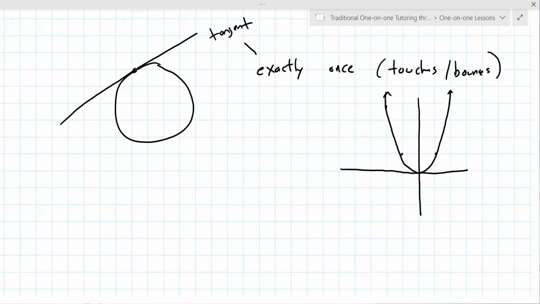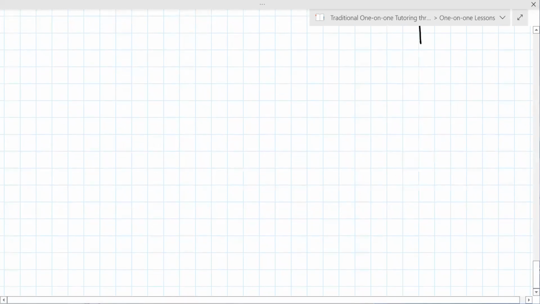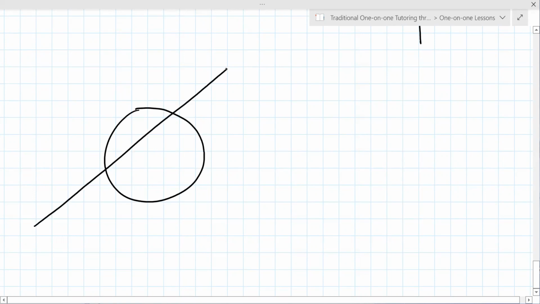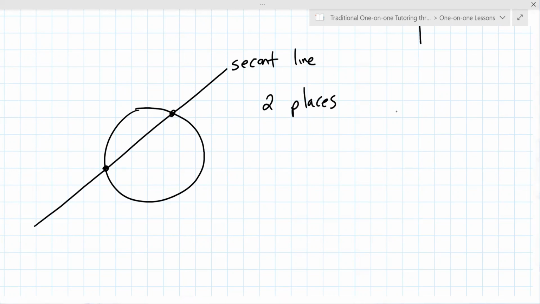Now, I know it's not listed, but we might as well talk about it because this is important. If you hit a circle in 2 places, this is called a secant line. A secant line. How often do you see those, you'd say? You will see them shortly. I'm surprised they're going in this direction, but it is correct what they're doing.